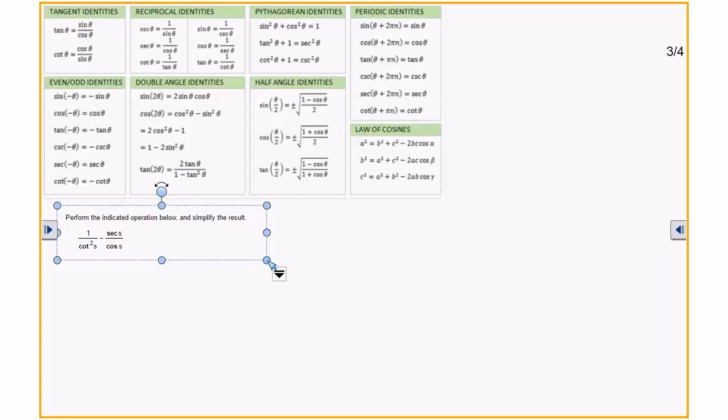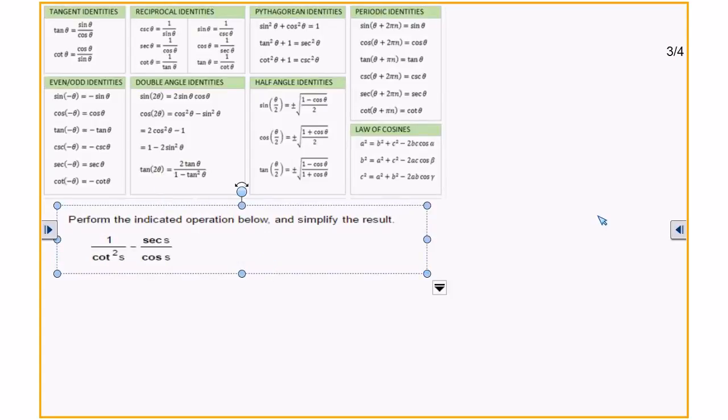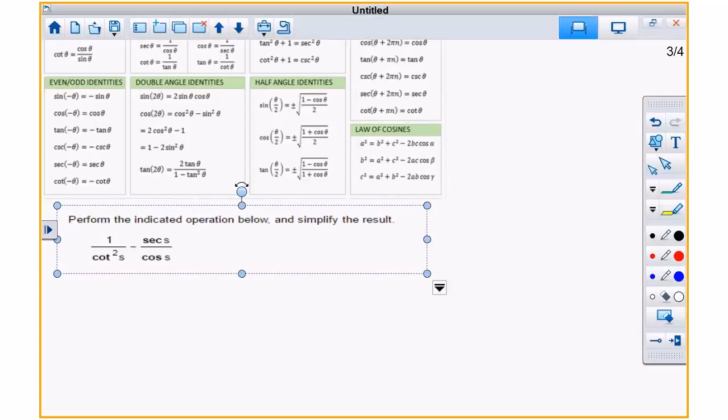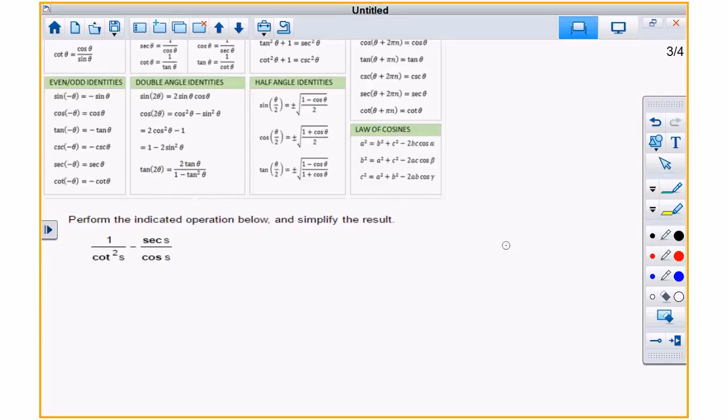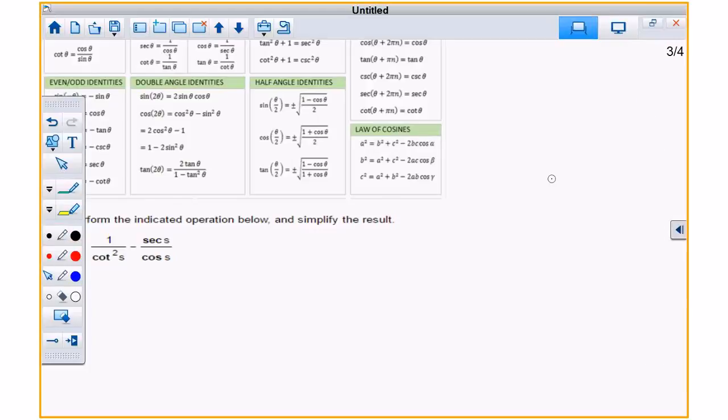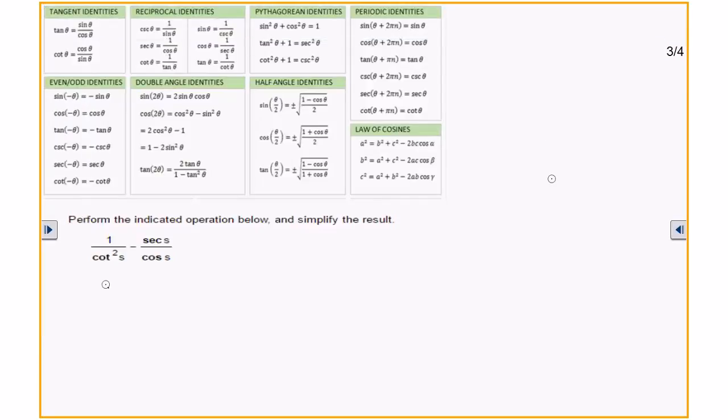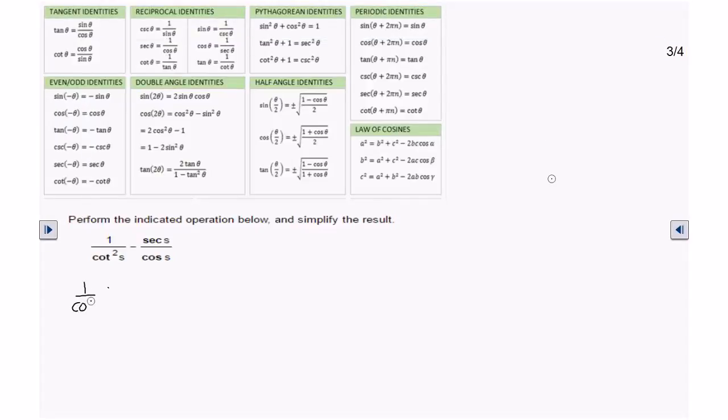Getting better at it, but when you're thinking about 20 million things at one time, it's hard. All right, why not pull something out? Maybe this cotangent. Bring this one out, maybe 1 over cotangent times 1 over cotangent.